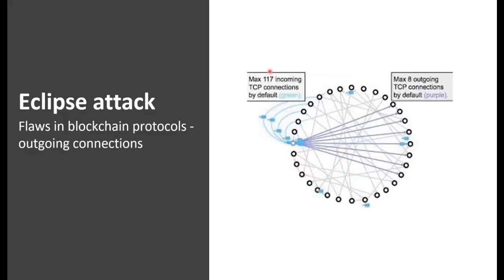So we can see here that the blockchain network, in this case, is set up for 117 incoming connections. However, this type of attack now has limited the number of connections to only 8. And when there are so few connections, taking over this level is much, much easier. So this is known as the eclipse attack.